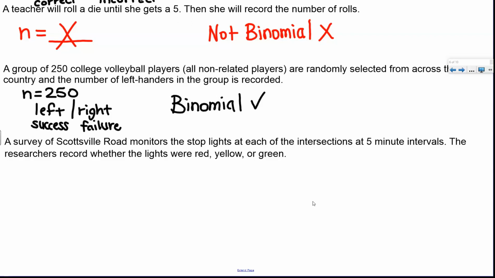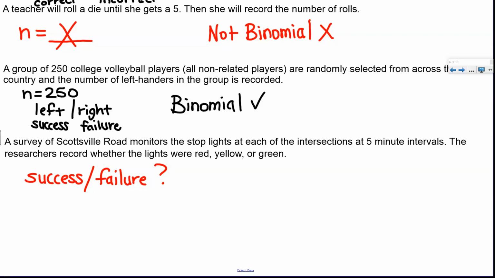But the problem would be that we don't really have a success or failure, right? All it says is we're recording whether the lights were red, yellow, or green. So if we said we were going to count red as success and everything else as a failure, well, then it's possible we could maybe do this as binomial.